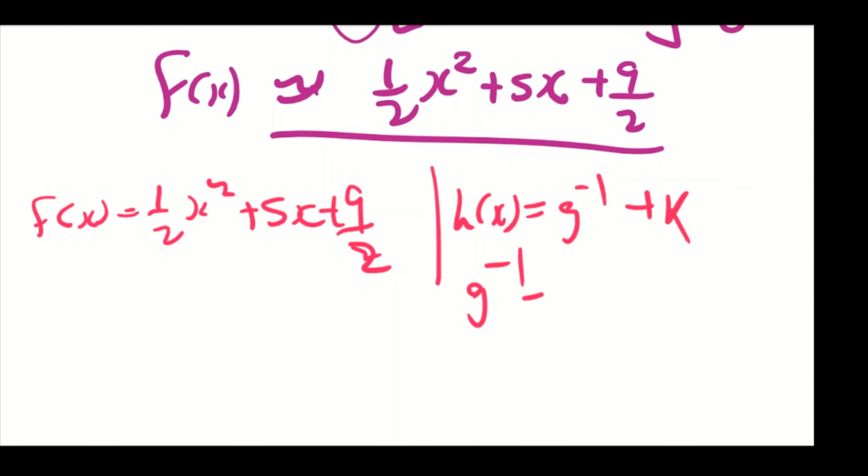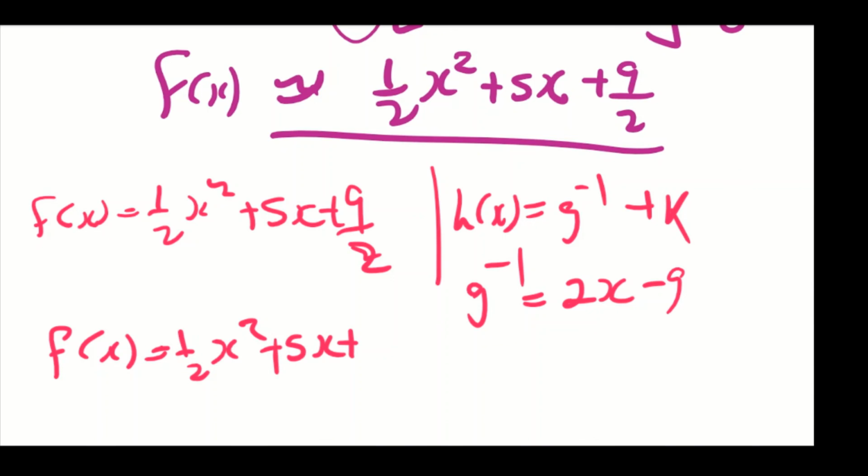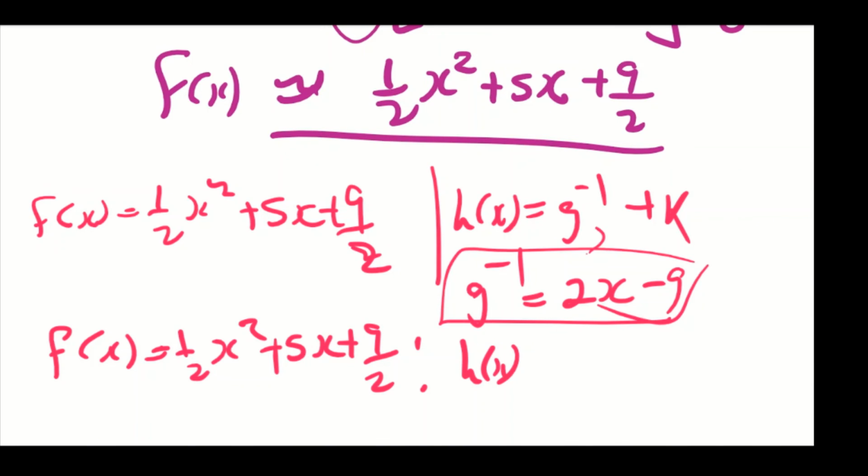The inverse of g is equal to 2x minus 9, right? So if you substitute this, h of x would be equal to 2x minus 9 plus k.